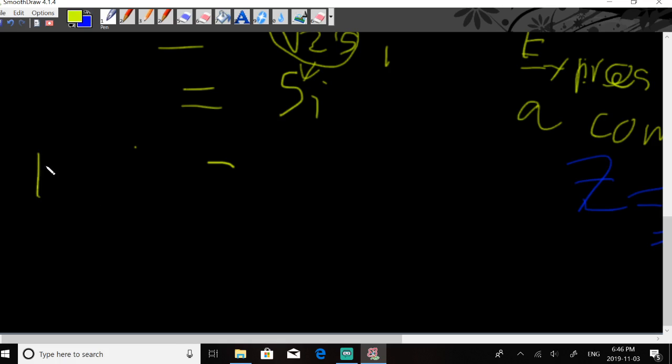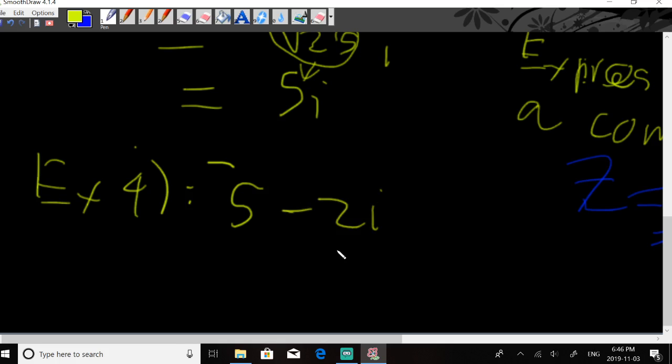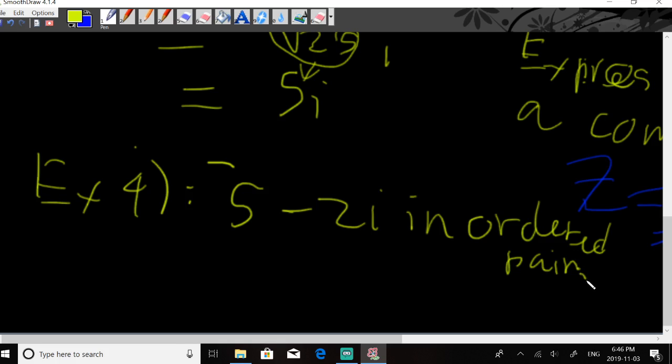So example 4 is to express 5 minus 2i as an ordered pair.